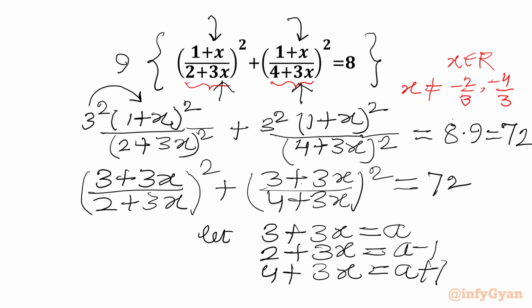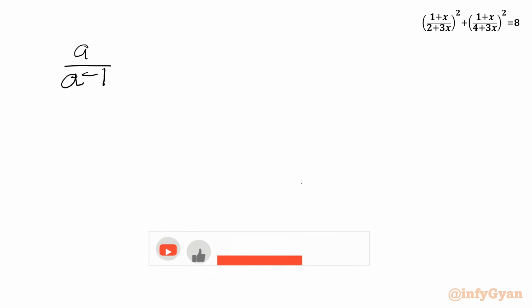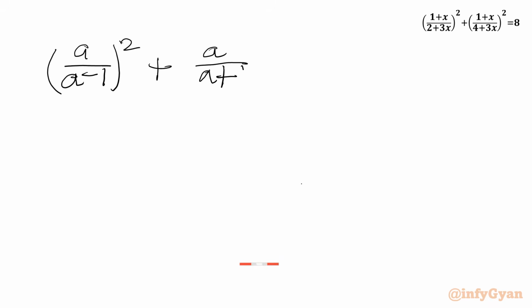So our equation will convert into a over (a minus 1) whole square plus a over (a plus 1) whole square equal to 72.